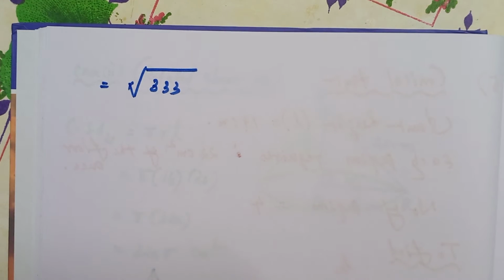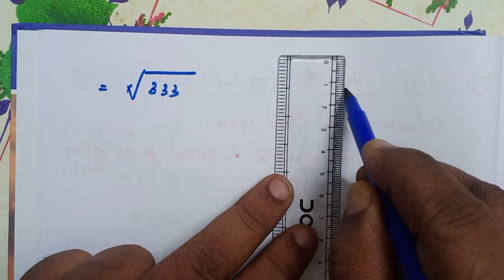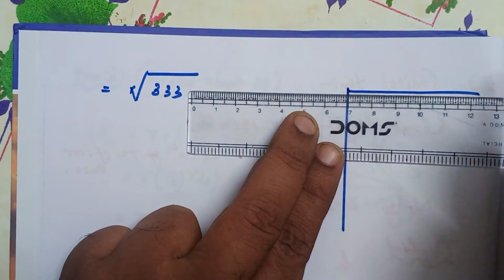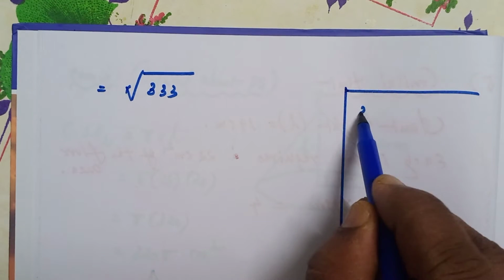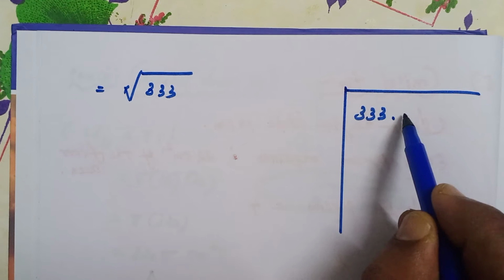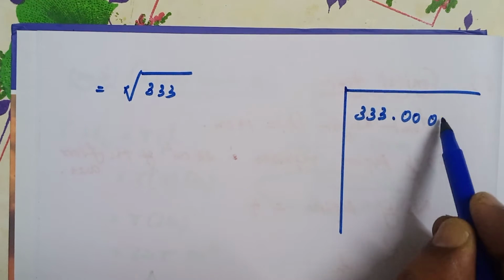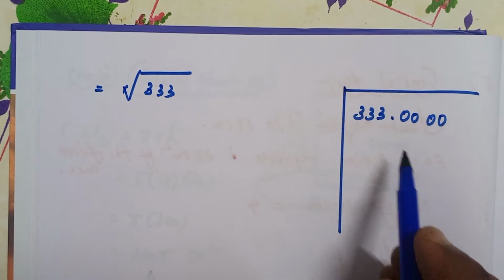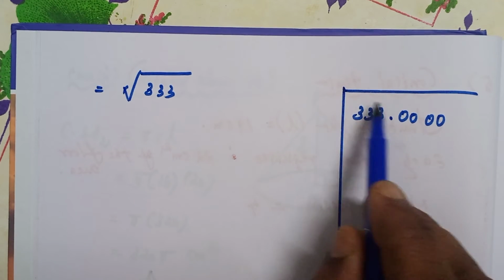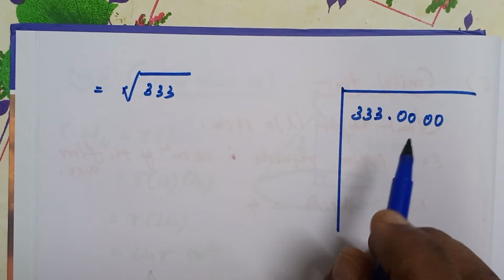Now we have to find out the square root of 333 by the long division method. Listen carefully. So 333. After the decimal point, you can add n number of zeros. So this is the integral part, this is the decimal part. In the integral part, we have 333.